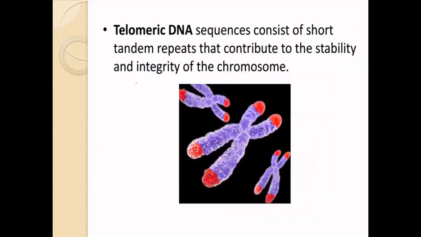So now we come to the telomeric DNA. What is telomeric DNA? The telomeric DNA or telomere is a nucleoprotein complex present at the end of the chromatid arm. It is essential for maintaining the integrity of the genome. It is not a linear structure for much of the cell cycle. Telomeric DNA is basically maintained in a loop structure, which serves to protect the vulnerable ends of the chromosome.